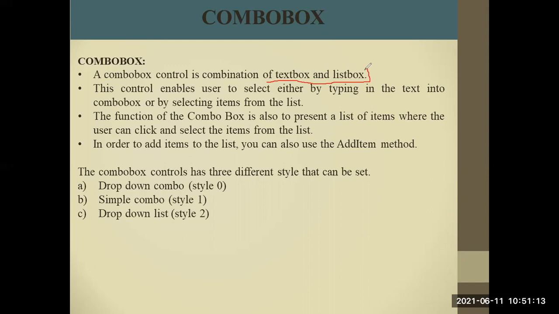Okay, so basically the combo box control enables the user to select either by typing text into the combo box or by selecting an item from a list. So sometimes when we design an application, we require the user to enter something specific in a text; in that case we will use the text box.